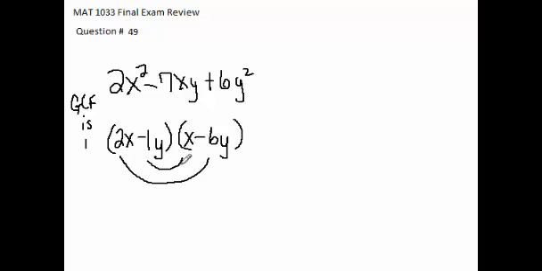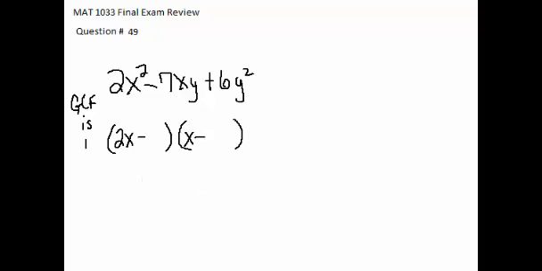So we're going to do the outside and the inside. Minus 1yx minus 12xy. Those are like terms, but you notice that the sum is not negative 7. So let's go back here, and we're going to pick different factors for 6y squared.